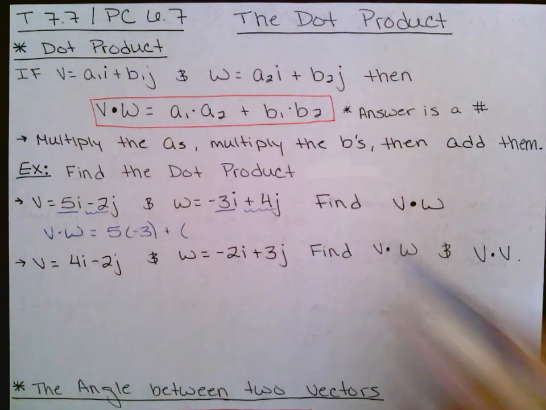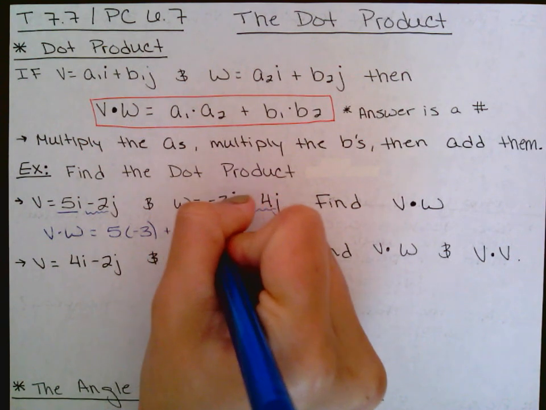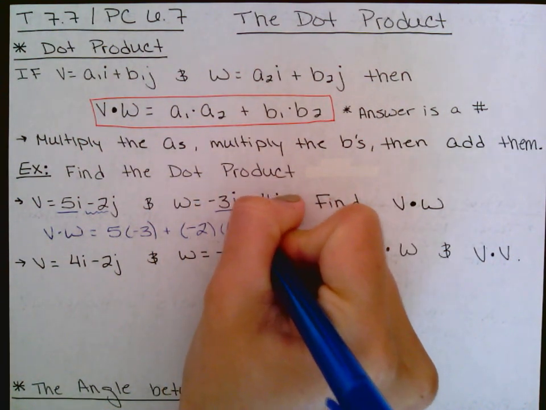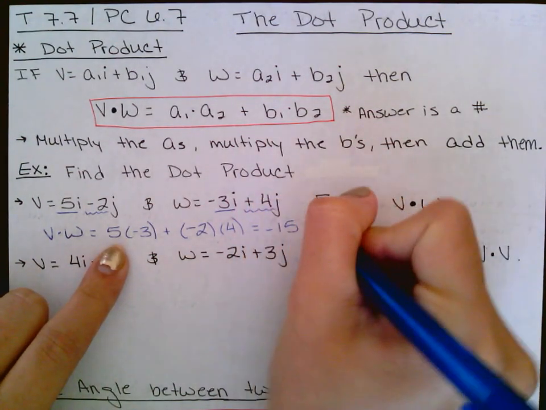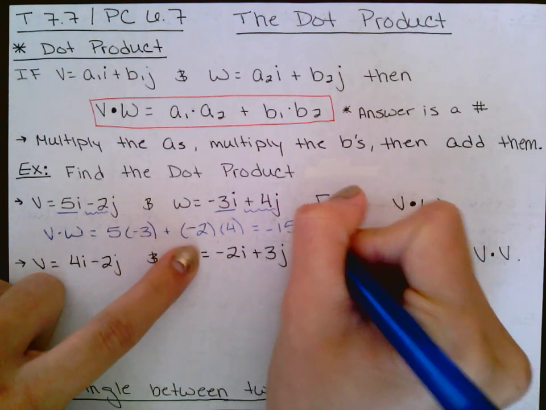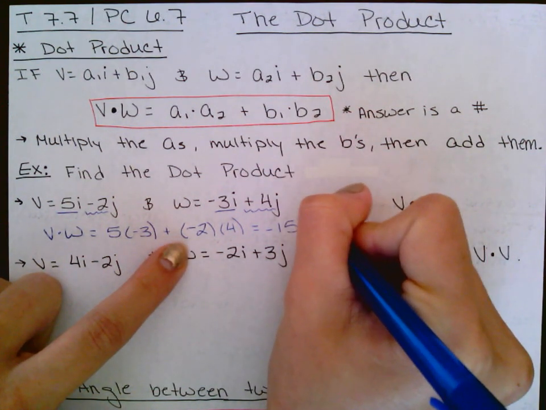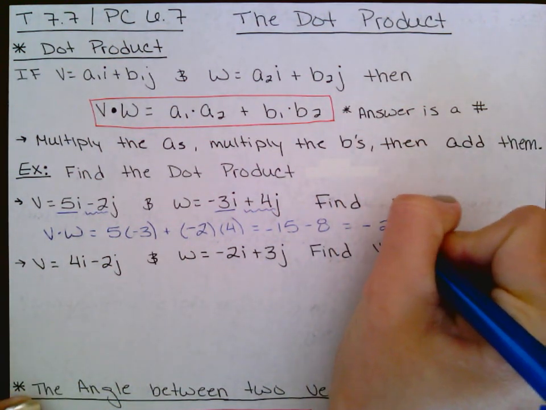Make sure to take those signs with you, okay? So then I should have negative 2 times 4. All right, so here we get a negative 15. And then here we get a negative 8. So if I'm adding a negative 8, it's the same as subtracting 8. And then our answer is negative 23.